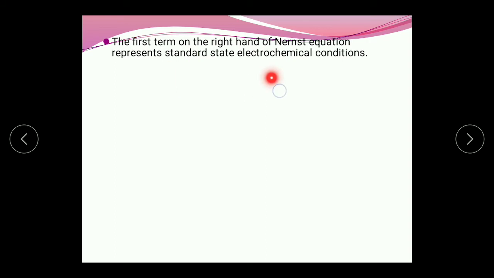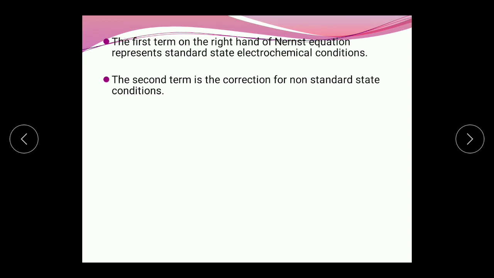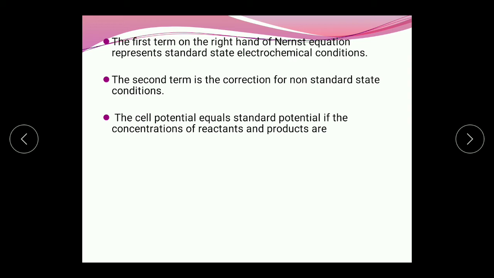Then the first term on the right hand side of the Nernst equation represents the standard cell electrochemical condition. The E0 cell is the standard state electrochemical potential. The second term, that is 0.0592 volt divided by n into log 10 of concentration of C raised to c into concentration of D raised to d divided by concentration of A raised to a into concentration of B raised to b, that total factor is the correction, we can say, for the non-standard state condition.